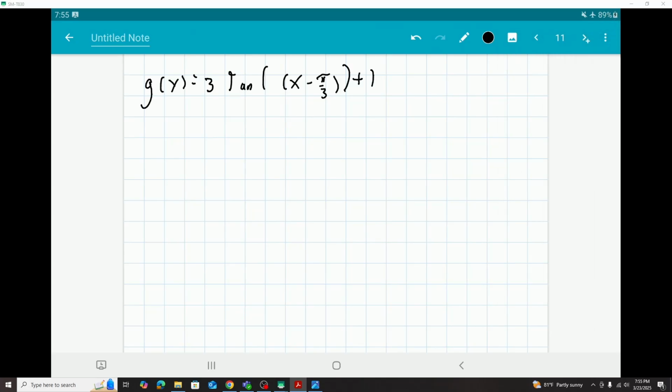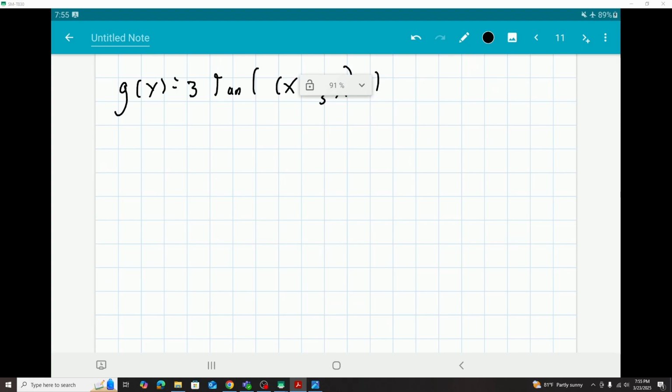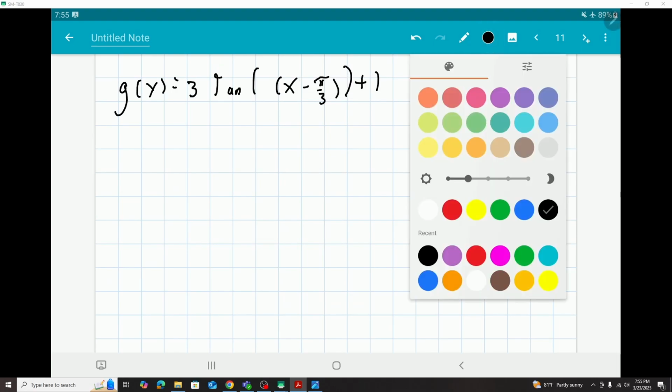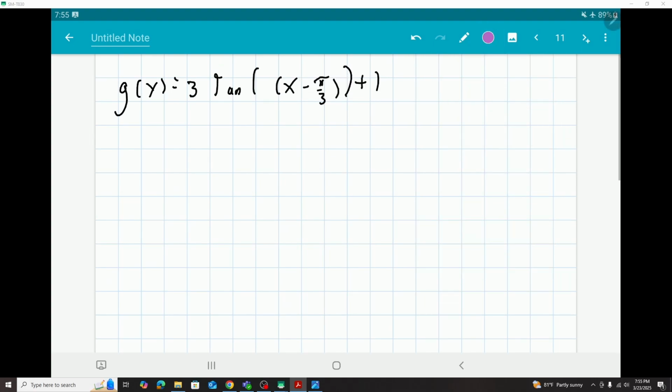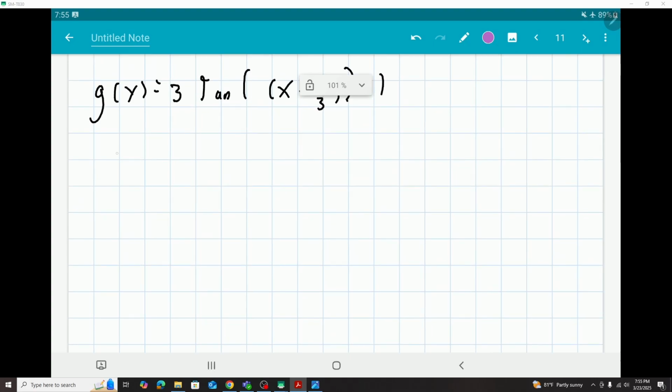So here I want to find the period. I could solve for the asymptotes first, grab the period along the way. But having two ways to do something's not bad. So here for the period, I take the b value, that's whatever I'm multiplying x by, or here the x minus pi over 3.